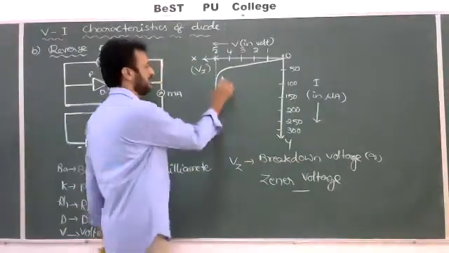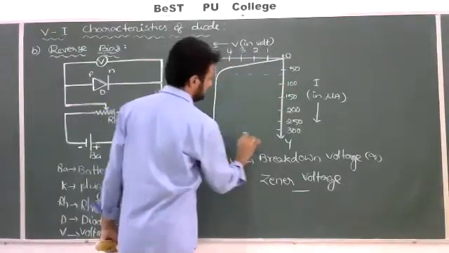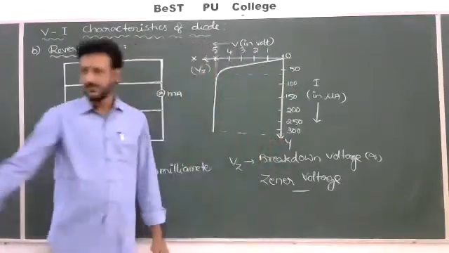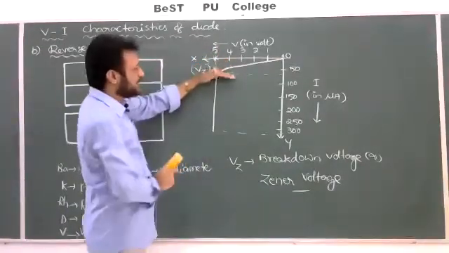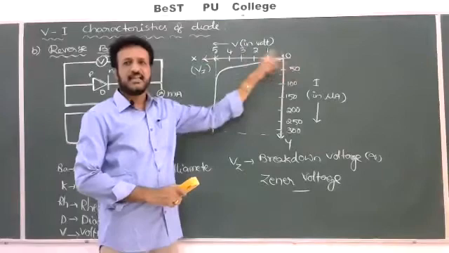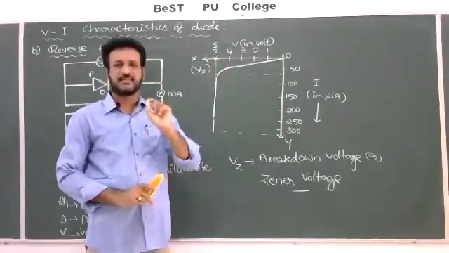Observe this graph carefully. How will the current vary? If you observe carefully, in this region the current is almost a negligible value. A very small current flows in the circuit because of the minority carriers.